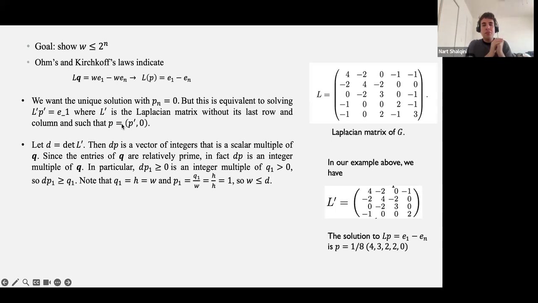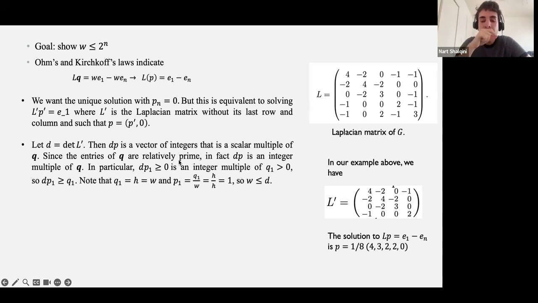So now we proceed to the proof. We let D be the determinant of the truncated matrix L prime. Then we know that dP is a vector of integers that is a scalar multiple of Q, since the entries of Q are relatively prime.